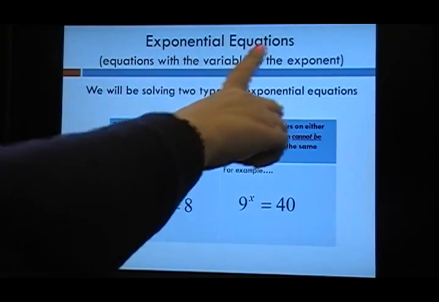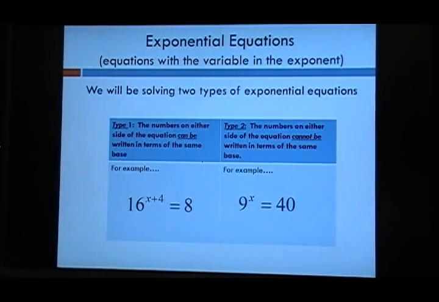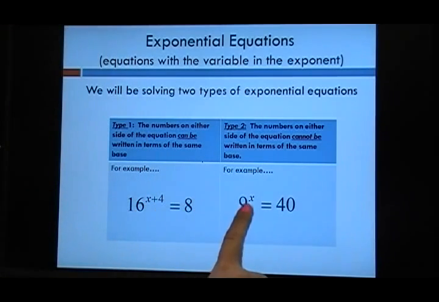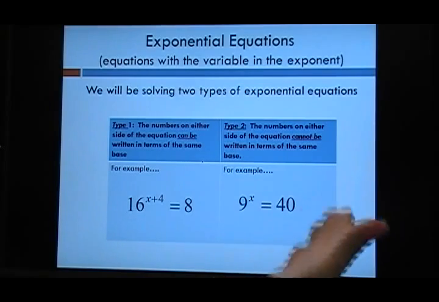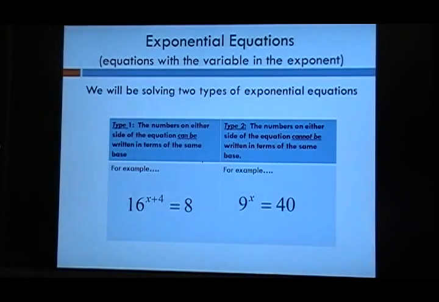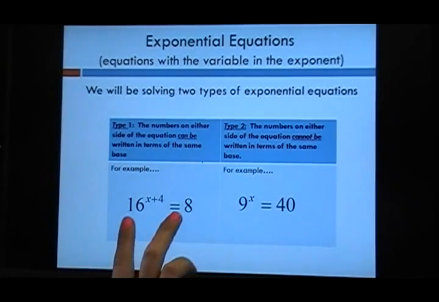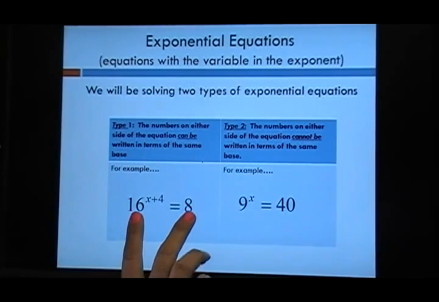When we're talking about exponential equations, those are equations where the variable that we're solving for is in the exponent. And you're going to see two different types of exponential equations. One type is where you can write both sides in terms of the same base.